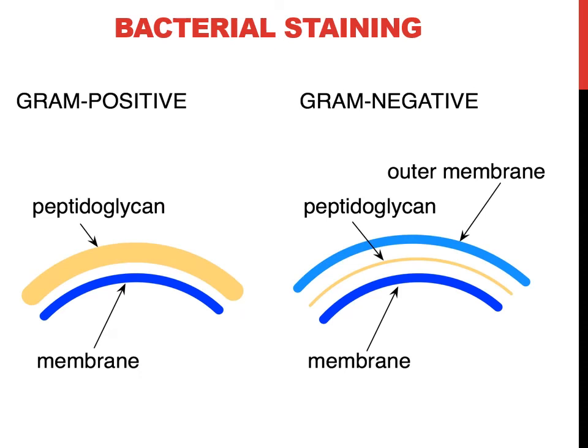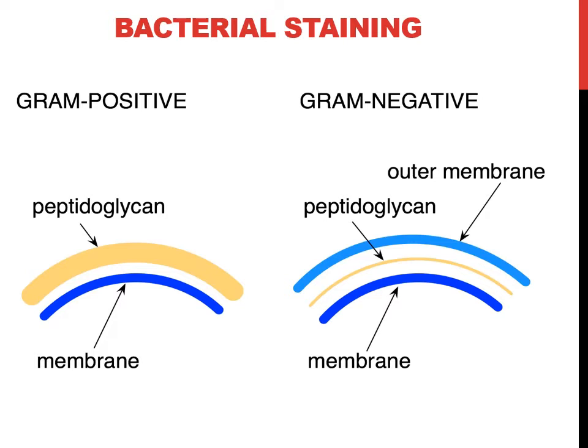Okay, so let's go back to bacterial staining. And this is where we were talking about a very fast process of determining what group the bacterial infection falls into. It doesn't tell us for sure which bacteria it is. It just tells us very quickly, is it a gram-positive or a gram-negative?